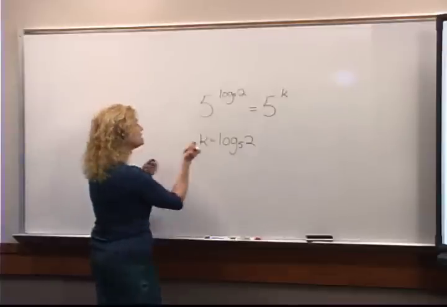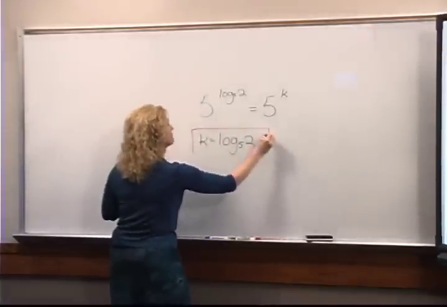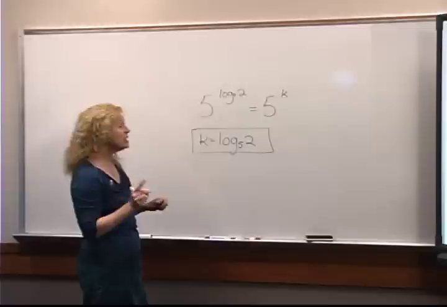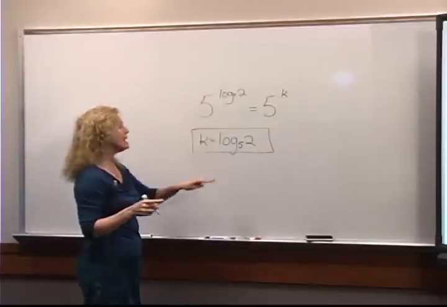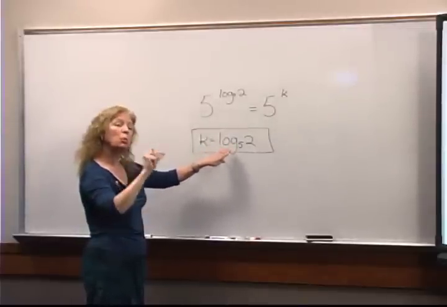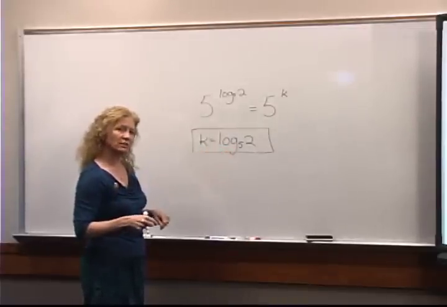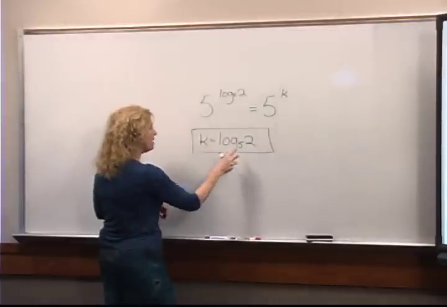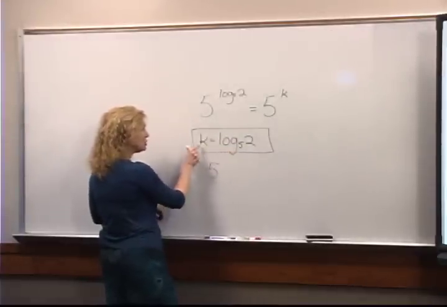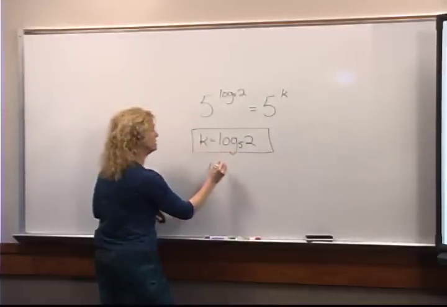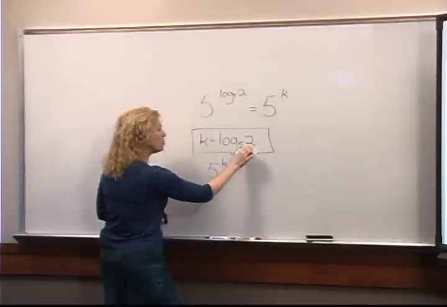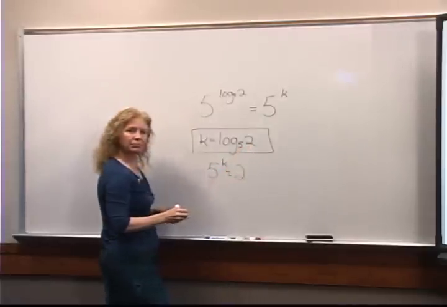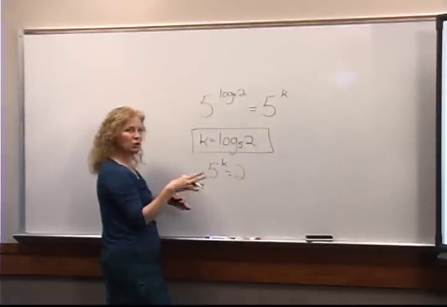All right, now let's focus on this guy. By the definition of logarithms, this is equivalent to what exponential equation? 5 raised to the exponent of k equals 2. Isn't that what we had from way back at the very beginning of this?